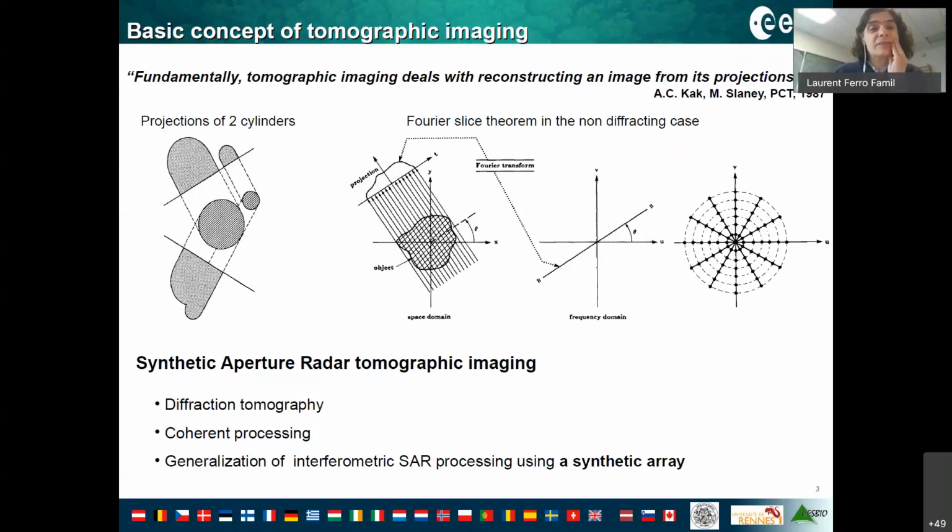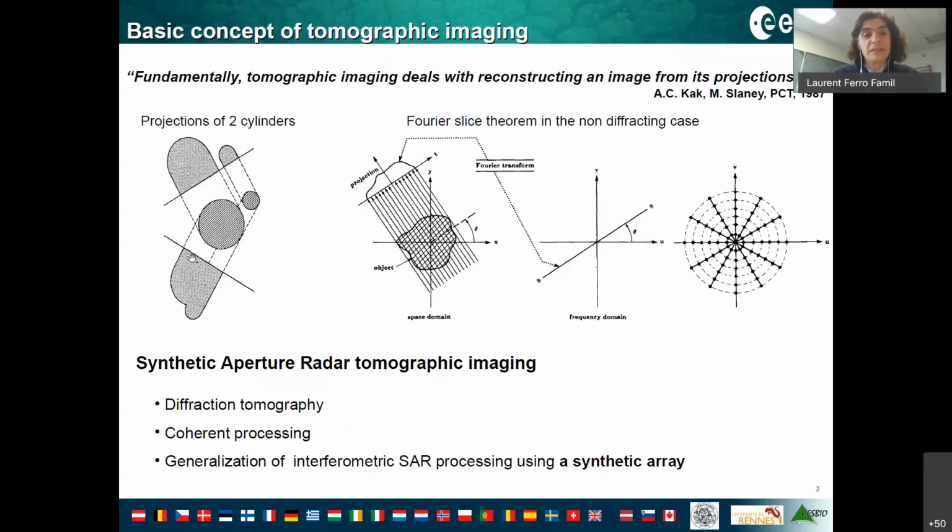I gave you here some examples of projections you can use to reconstruct an object. On the left, you have two cylinders seen from the top. Along these two lines, you can see the projection of these two cylinders. Here, the length along this line is the maximum distance between this axis and the part of the space which is covered by something which is not air, in this case the cylinders.